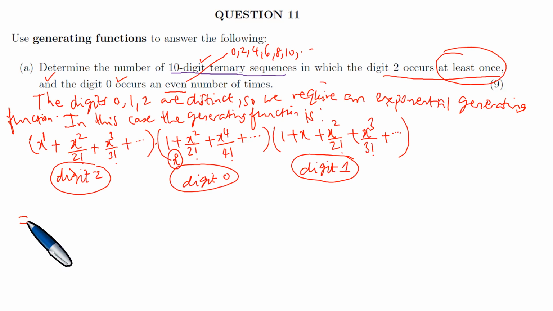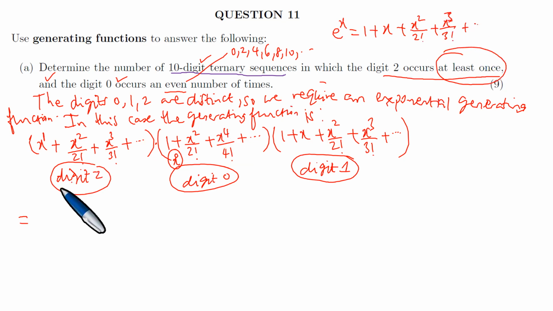The exponential e to the power x is 1 plus x, this is the general one, plus x squared over 2 factorial, then x cubed over 3 factorial.